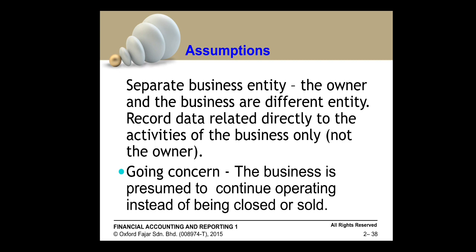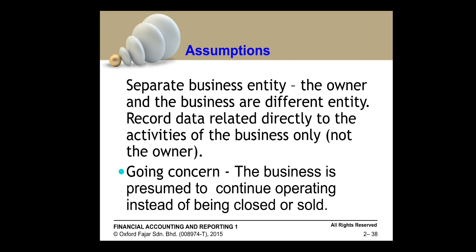So the effect of this assumption is like this. When you do accounting record, you do accounting record for your business. You do not do accounting record for your personal transaction. So when you do accounting record, you record the sales made by your business, expenses paid by your business.